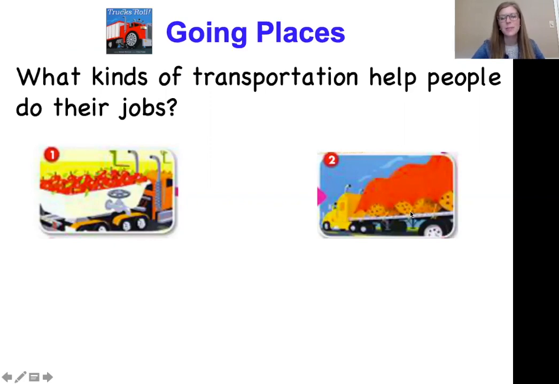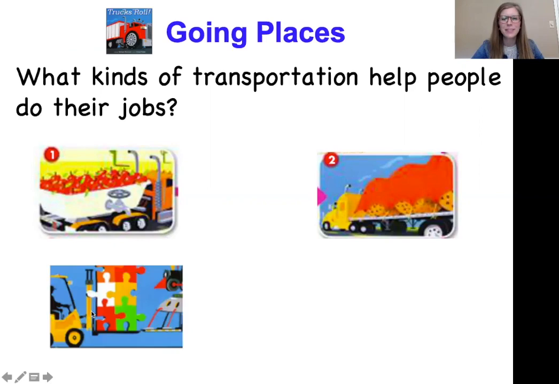These cookies we decided were make-believe. They were mostly signs that were going to be delivered. We also learned that trucks haul puzzles, toys like trucks and spaceships, and sometimes they use this truck called a forklift to help them lift things up onto the truck so the truck can haul it to where it needs to go.